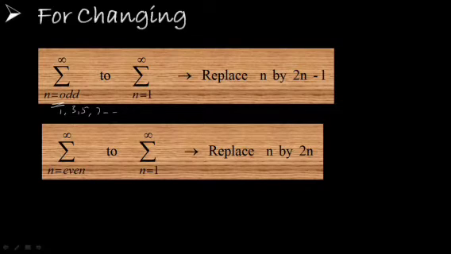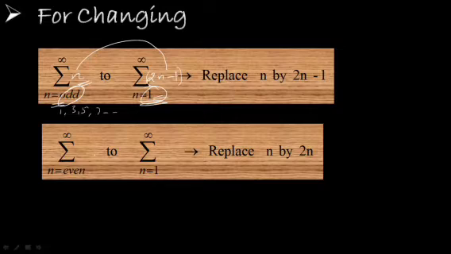If you want to change the summation from odd n to infinity into a summation from 1 to infinity, whenever n appears inside the summation you replace this n by 2n minus 1, that's all. Definitely, if you replace n by 2n minus 1, the odd to infinity automatically becomes 1 to infinity.